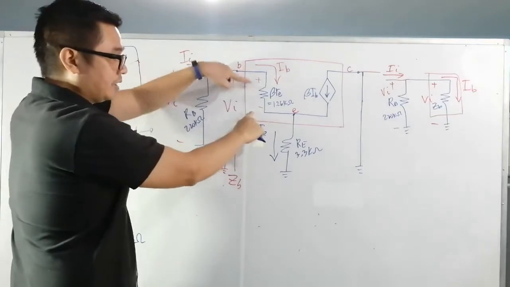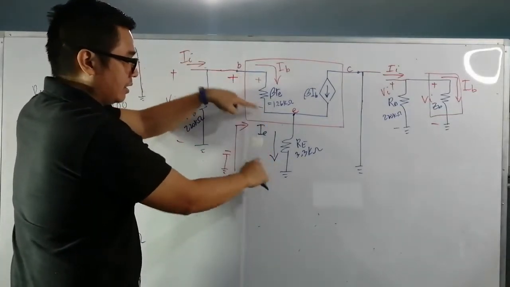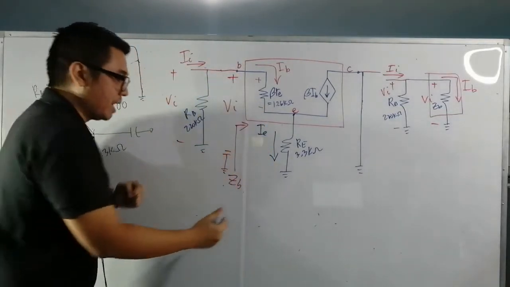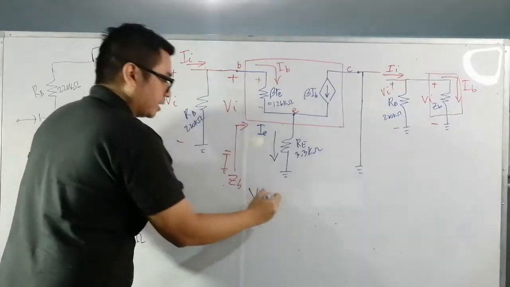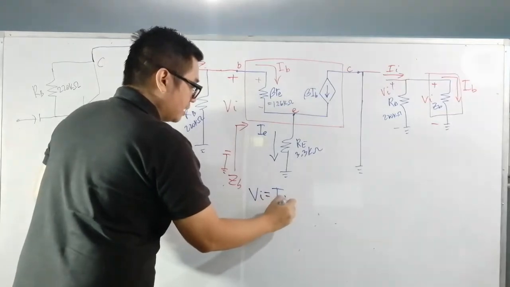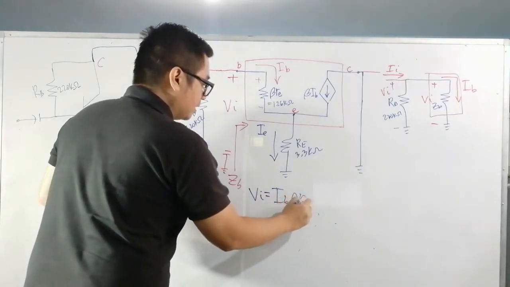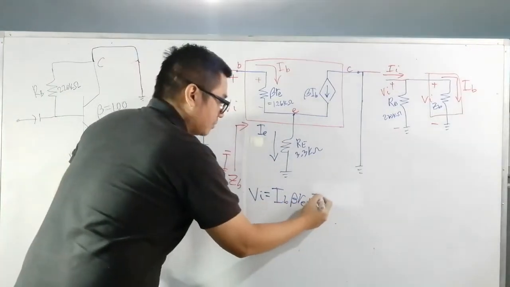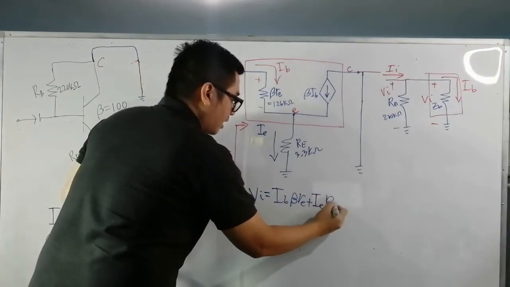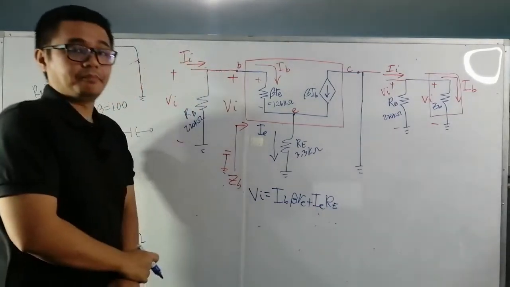Kasi kapag sinum up natin yung voltahe ng dalawang to, it will be equal to V sub I. We have V sub I equals I sub B times beta RE, plus I sub E times R sub E.